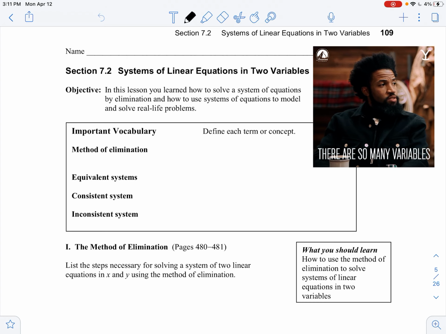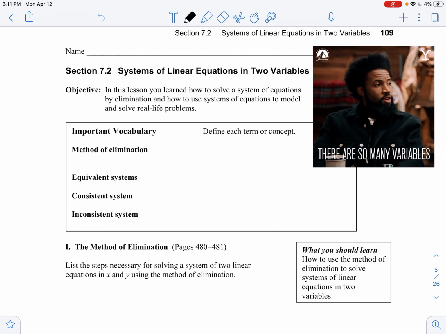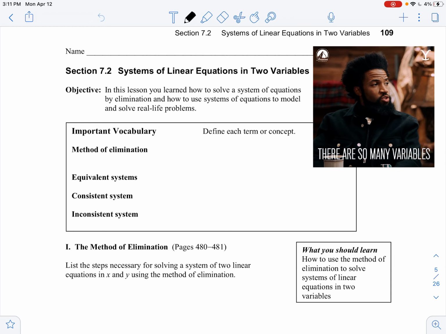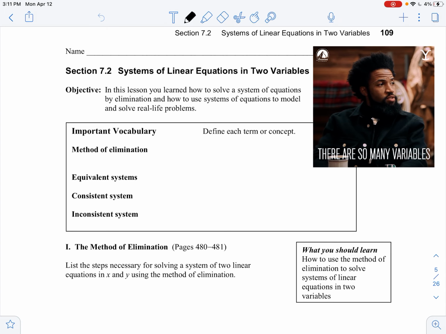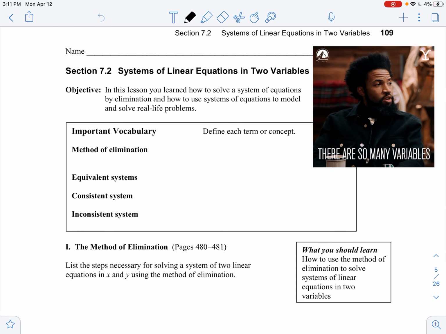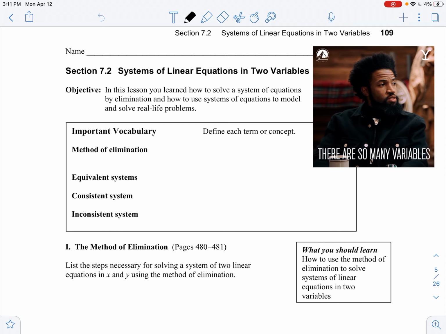We will get to the point where we'll do some three variable and even more variable equations after this, but take heart. Hopefully this is not new for you. We're just really dialing down some of these methodologies. And this past section, we learned about graphing and substitution. Now we're talking about elimination again.